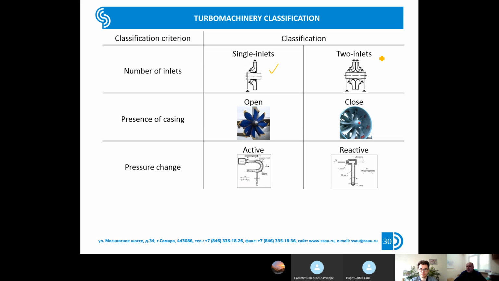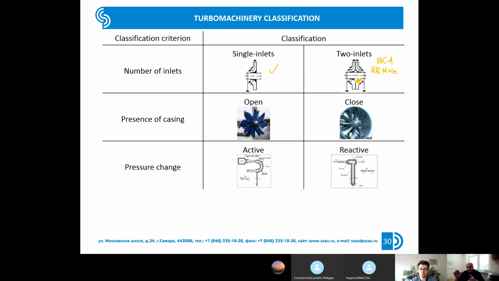For example, if you find the construction of the Russian VK-1 engine, or its license copy of the Rolls-Royce Nene engine, you could find in this engine a two-inlet centrifugal compressor.